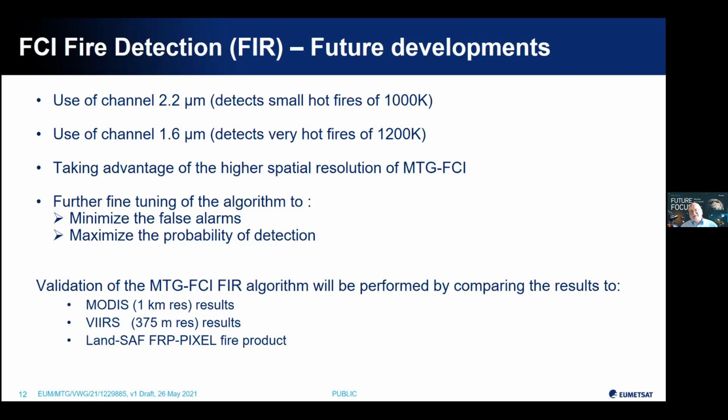The validation of our fire algorithm will be performed by comparing our results to MODIS in 1 kilometer resolution, VIIRS in 375 meter resolution, and of course the LSA SAF FRP pixel fire product.